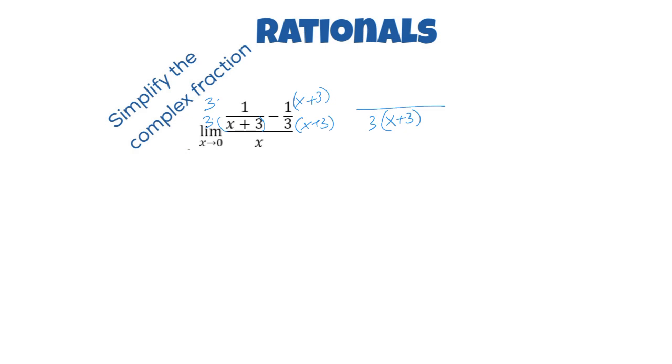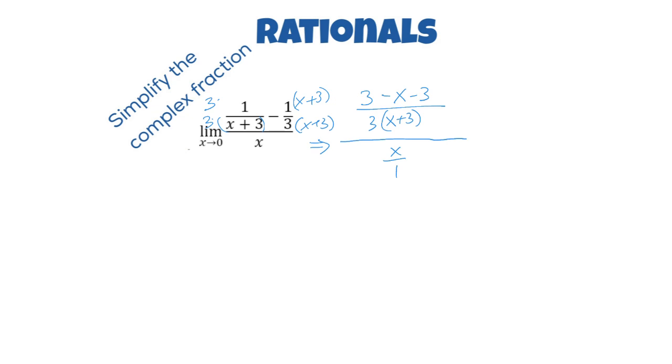So I'm going to end up with a 3, and then it's going to be a -1x minus a 3. And this is all over this x right here. But I'm going to go ahead and call it x over 1 and turn it into a fraction.